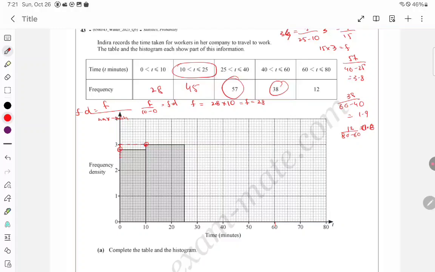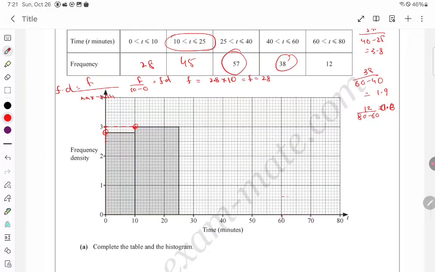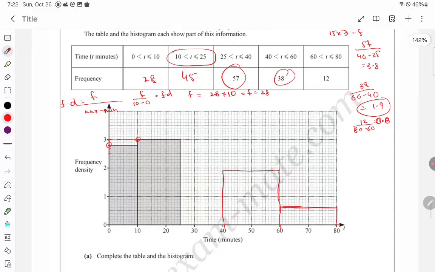Put the values. This is our 0.6 for 60 to 80, 1.9 for 40 to 60, and 3.8 for 25 to 40. So our histogram is complete.